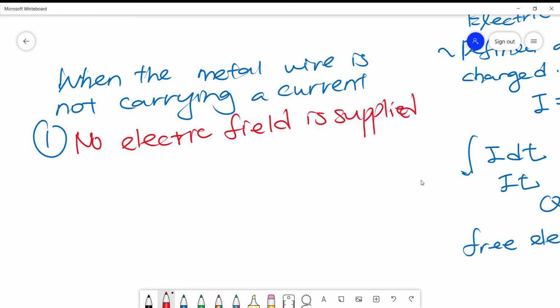If the metal wire is not carrying a current, the wire is not supplied with an electric field.